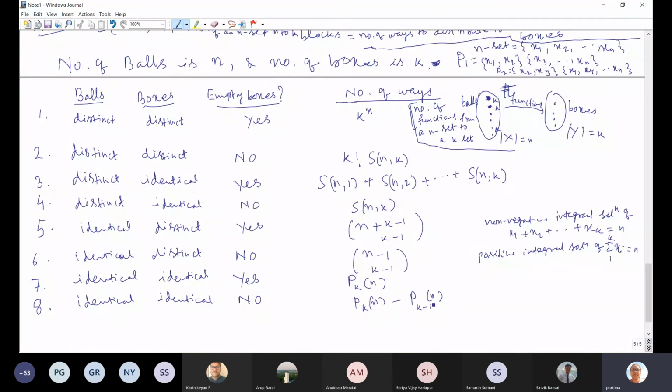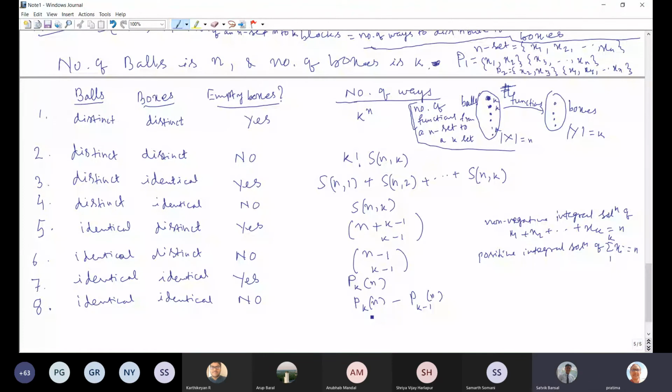Okay, no box will remain empty means this is exactly k parts, partition of n into exactly k parts, because we are removing those partitions into fewer than k parts.